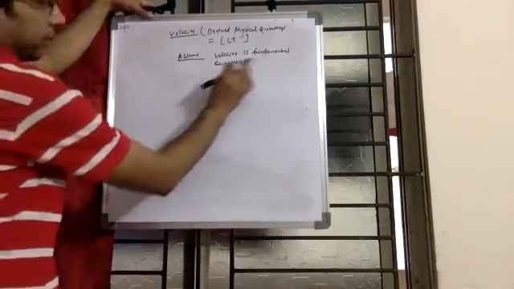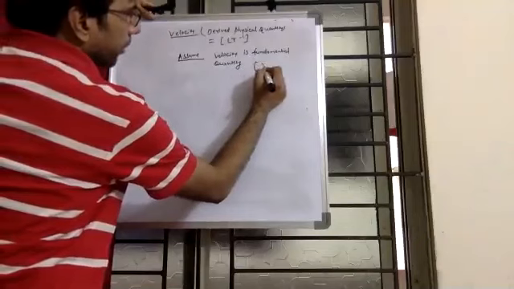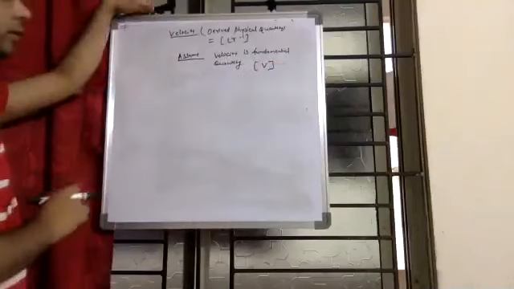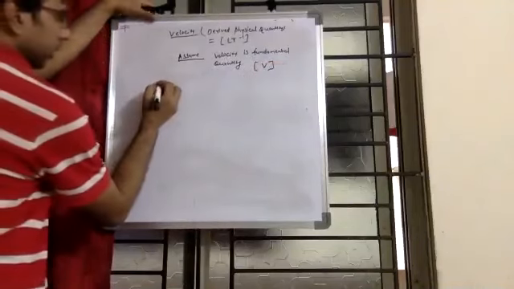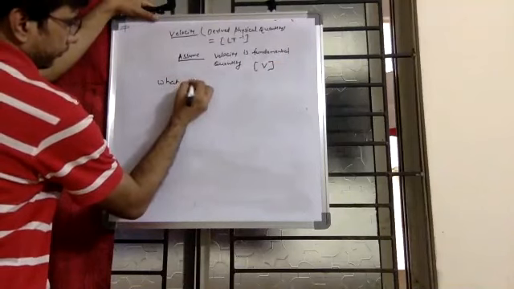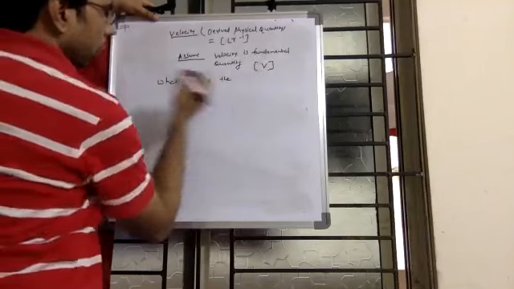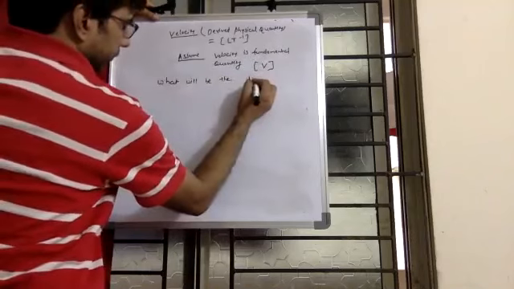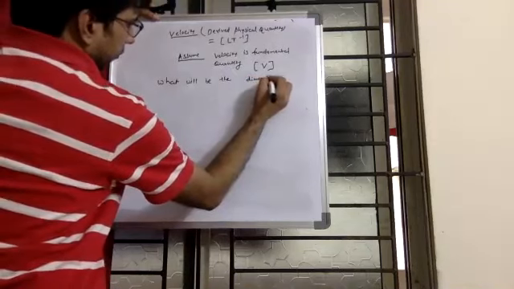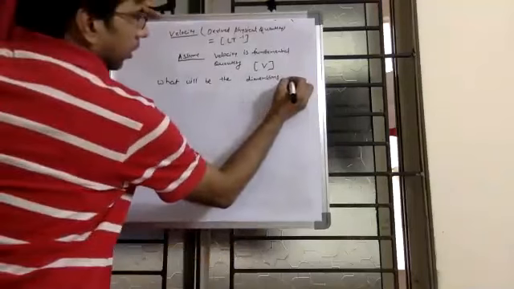So velocity is a fundamental quantity, you have to assume, and its dimension is something called g. Then they will say, then what will be the dimensions of something, suppose kinetic energy?